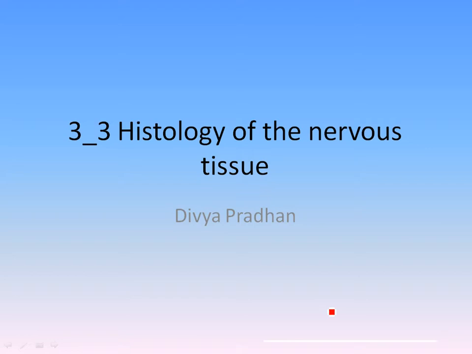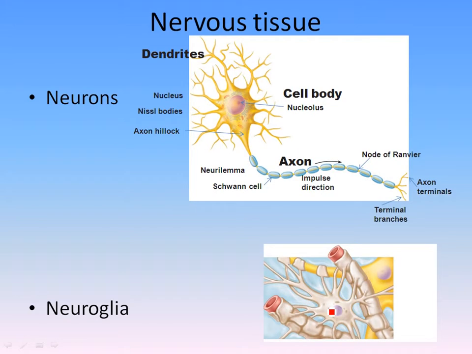The nervous tissue is highly cellular and made up of two types of cells. The neurons, or the excitable nerve cells, and the neuroglia, or simply glial cells, the supporting cells. We are going to talk about the neurons in detail.